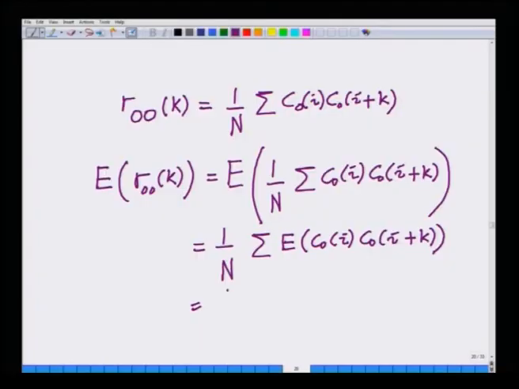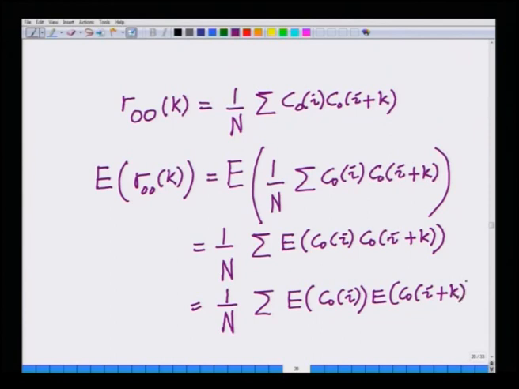Hence, I am going to simply write this as 1 over n summation expected C0i times expected C0i plus k.